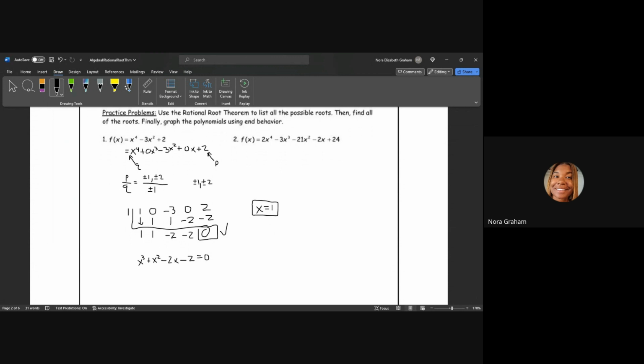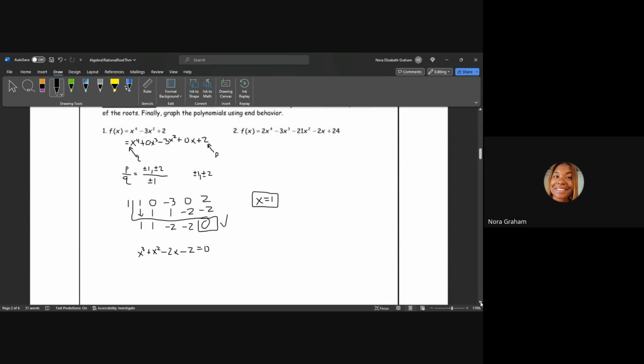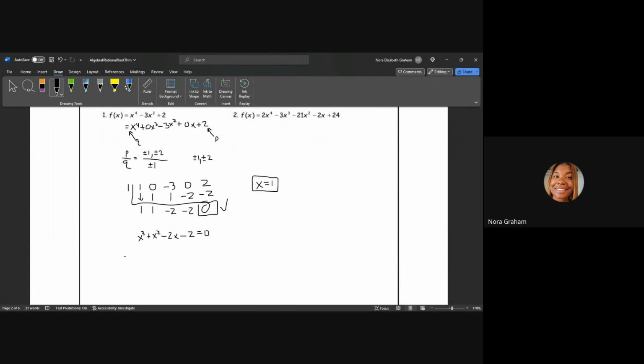And so I'm going to use synthetic division again to find one of my possible roots. Okay. And so to do that, I already found 1 is one of my possible roots. So let's try -1, right? So let's try it with -1. And I'm using synthetic division again. Okay.